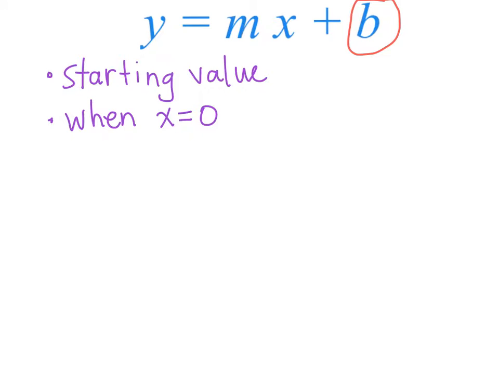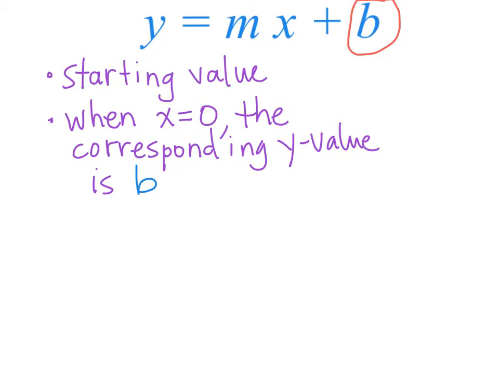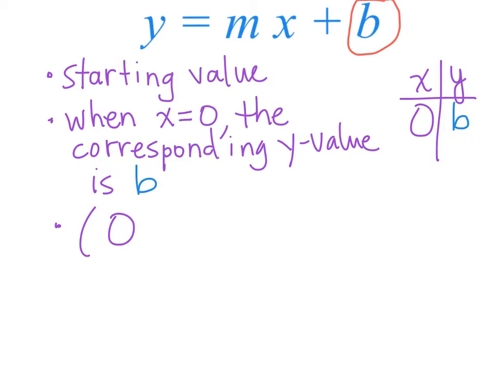We can further identify that when x is 0, the corresponding y value is the b value of the equation. If we look at a table then, when x is 0, the corresponding y value is the b part of the equation.